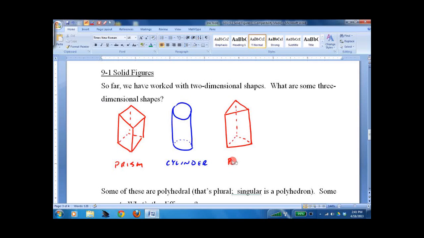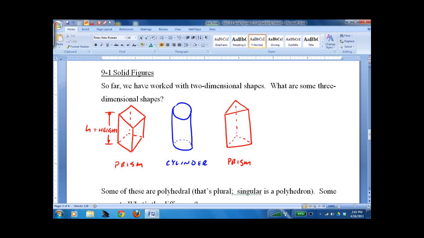Still just called a prism though, because it's got vertical things. We call this the height, we give it a lowercase h.